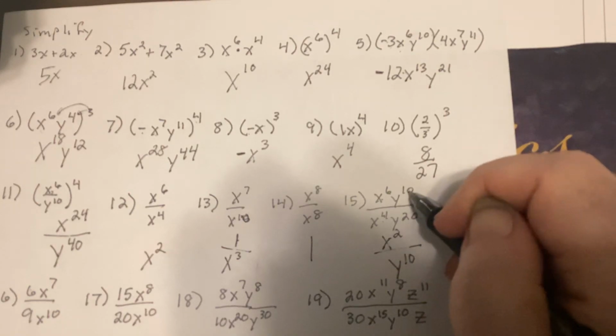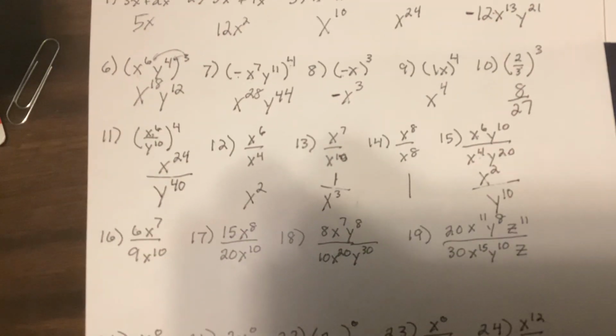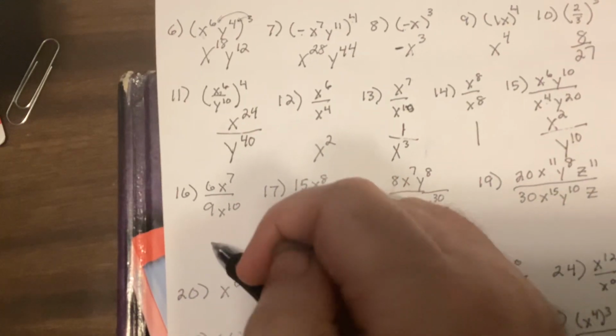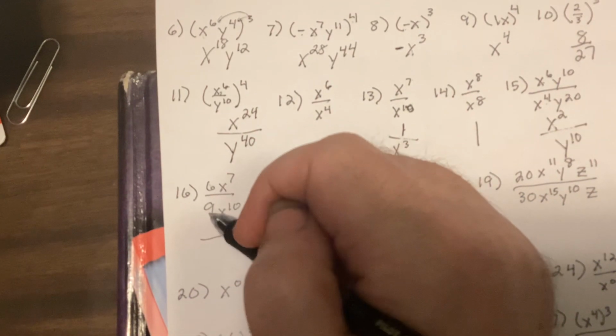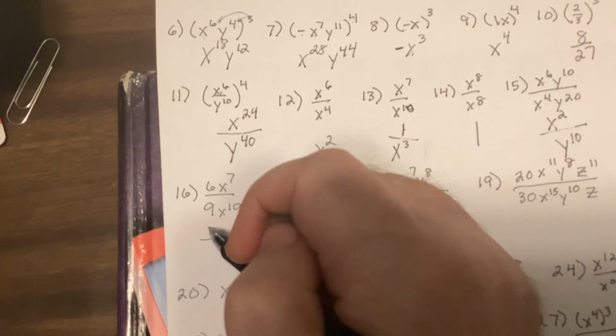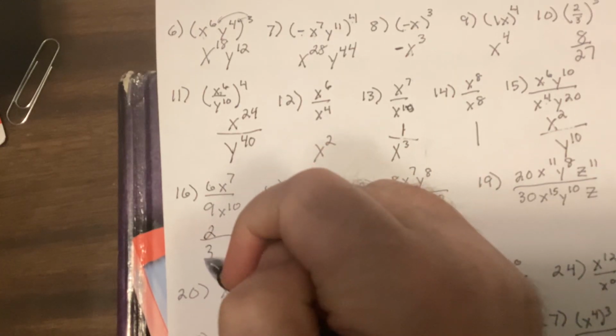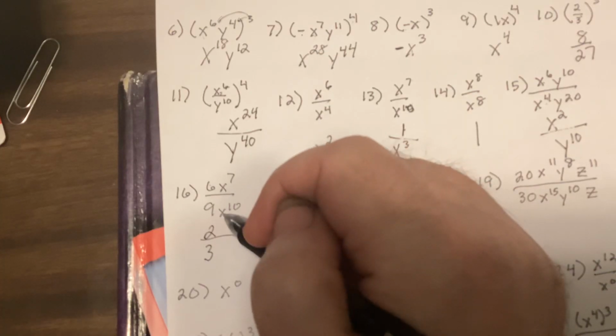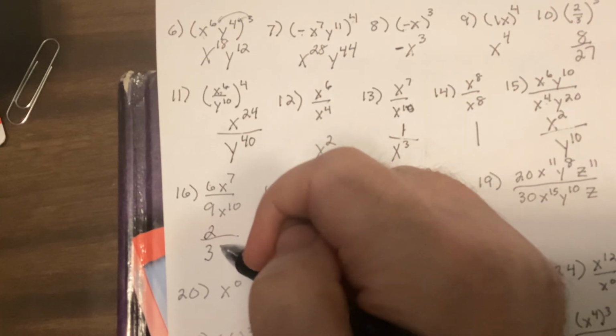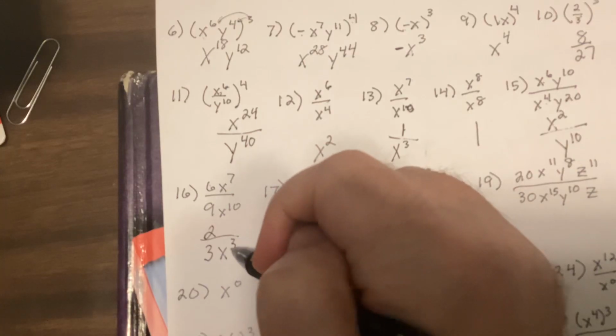Or 20 minus 10 is 10. So here we reduce the fraction. 3 goes into both. So this would be 2/3. And then this, when you divide two things same base, you subtract the powers.